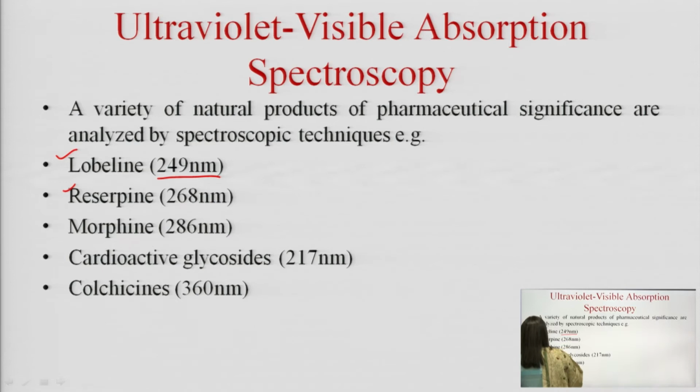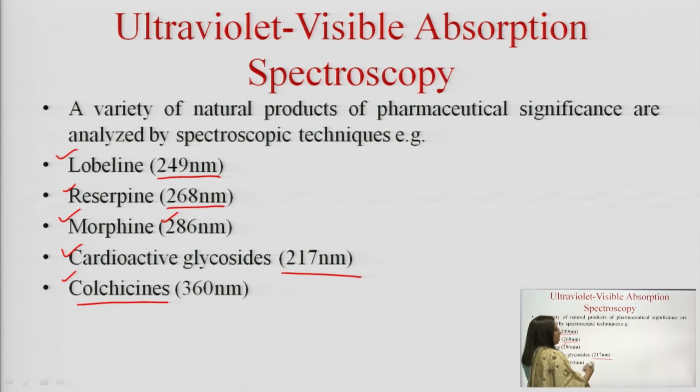Then we have reserpine, used as an anti-hypertensive drug extracted from Rauwolfia serpentina, which shows the absorption at 268 nm. Morphine, the opioid analgesic alkaloid, shows the lambda max at 286 nm. Cardiac glycosides show 217 nm absorption at lambda max. Similarly, colchicine at 360 nm.